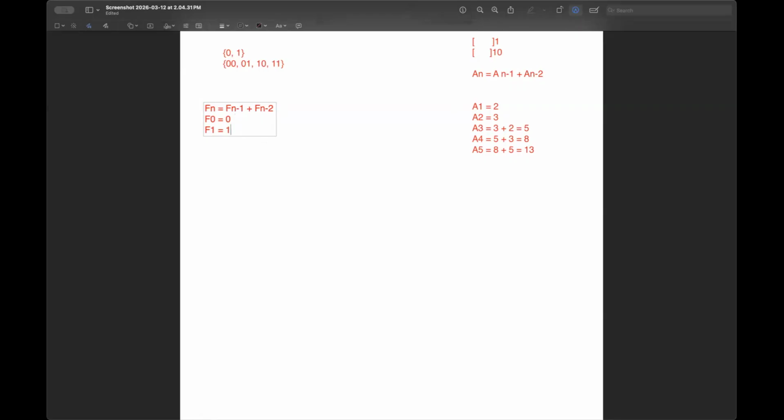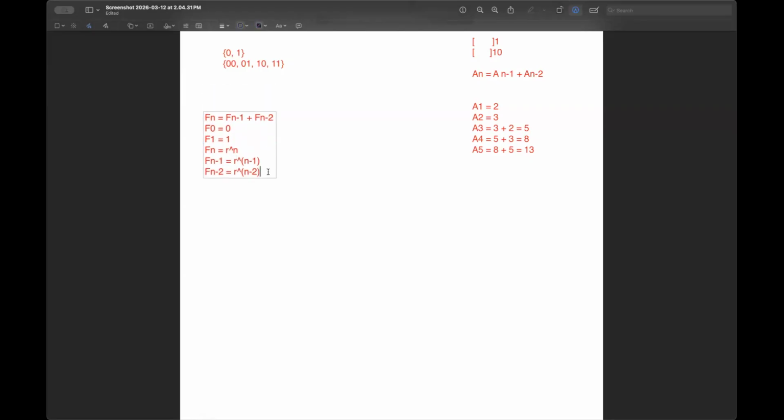And to do that, we can make the assertion that f sub n is equal to r to the n. And then that means that f sub n minus 1 is equal to r to the n minus 1, and f sub n minus 2 is equal to r to the n minus 2, right?